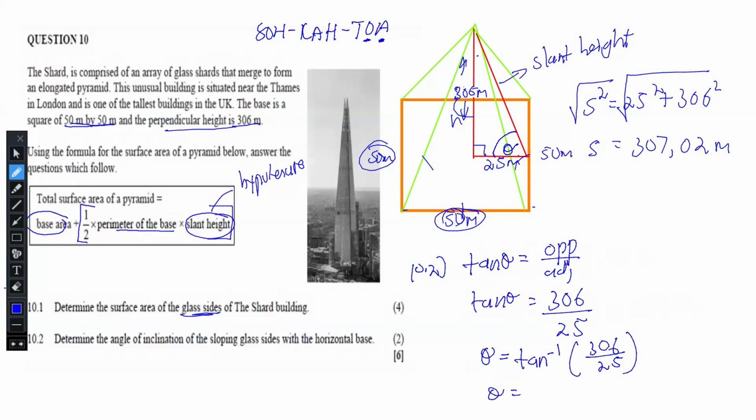Let's check: arctan of 306 divided by 25 is going to give us 85.33 degrees, not percent, degrees. Okay, nice. So that's it for your 10.1 and 10.2. And now let's proceed to the next question.